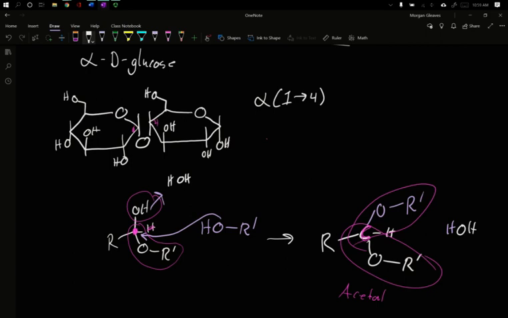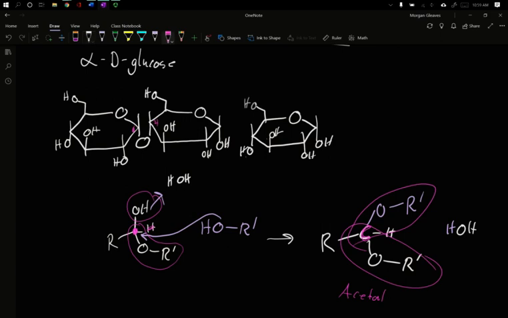When you connect sugars like this, you can keep doing it. There's another free anomeric carbon right here. There's no reason you couldn't do this again. If I had another glucose unit, these two could interact.